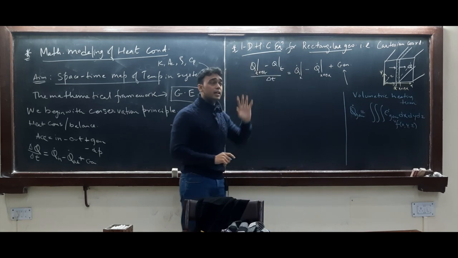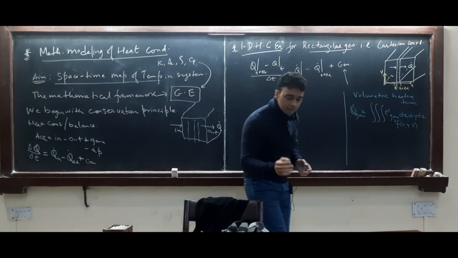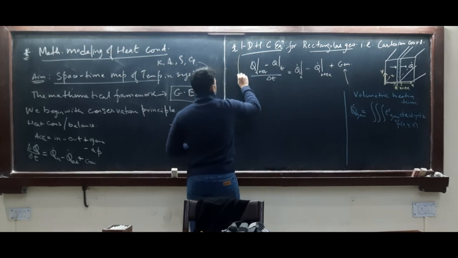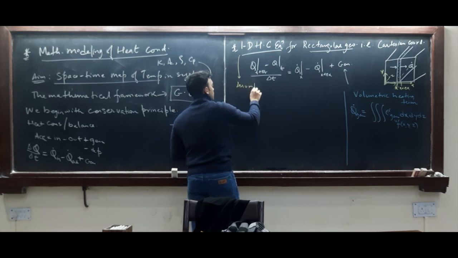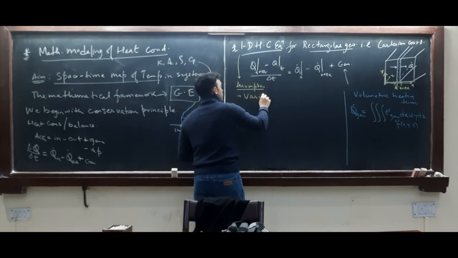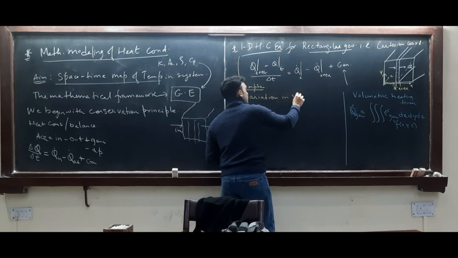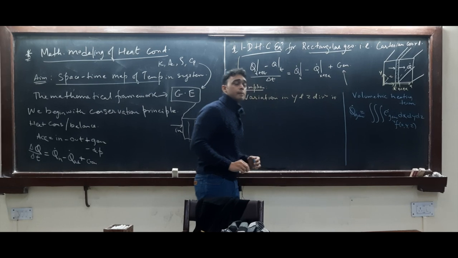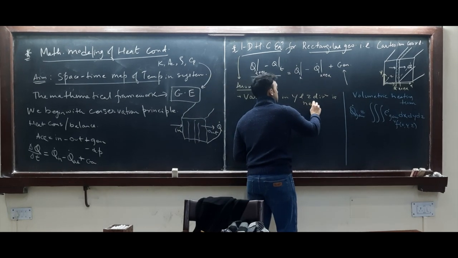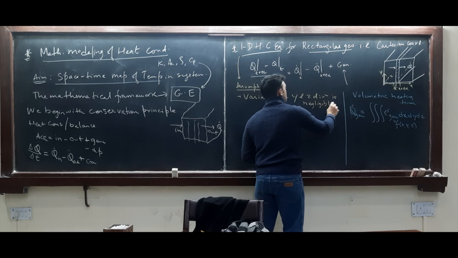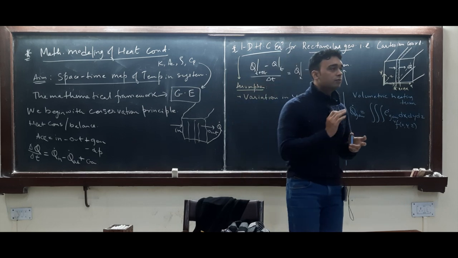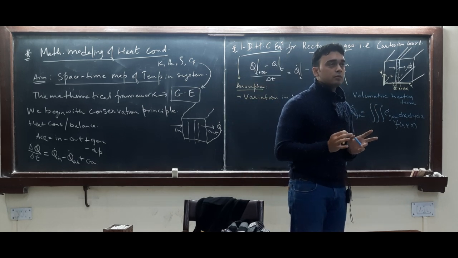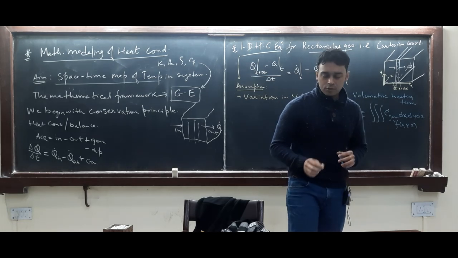But we are deriving a 1D heat conduction equation, and one of the assumptions implicit in this is that variation in y and z direction is negligible compared to x. So a lot of variation is in the x direction; in y and z, the temperature map doesn't vary much.